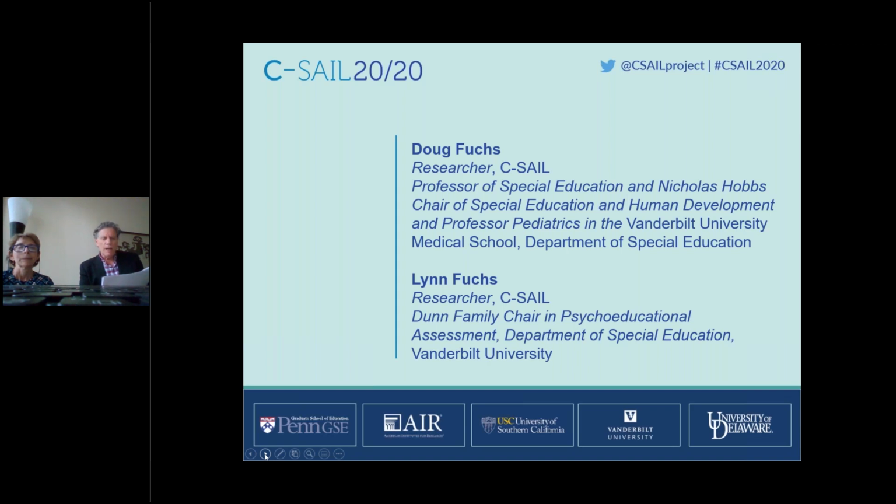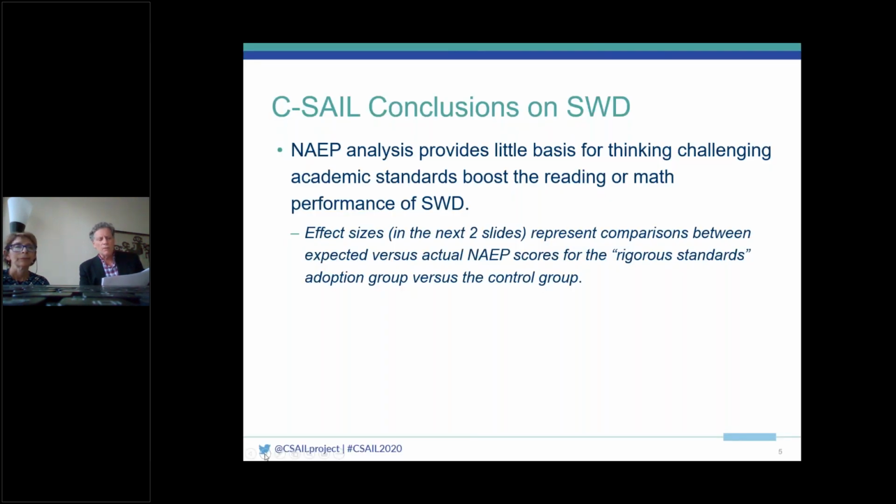Mungley and her colleagues found that analyses of NAEP data do not support the idea that challenging academic standards boost the reading or math performance of children with and without disabilities.